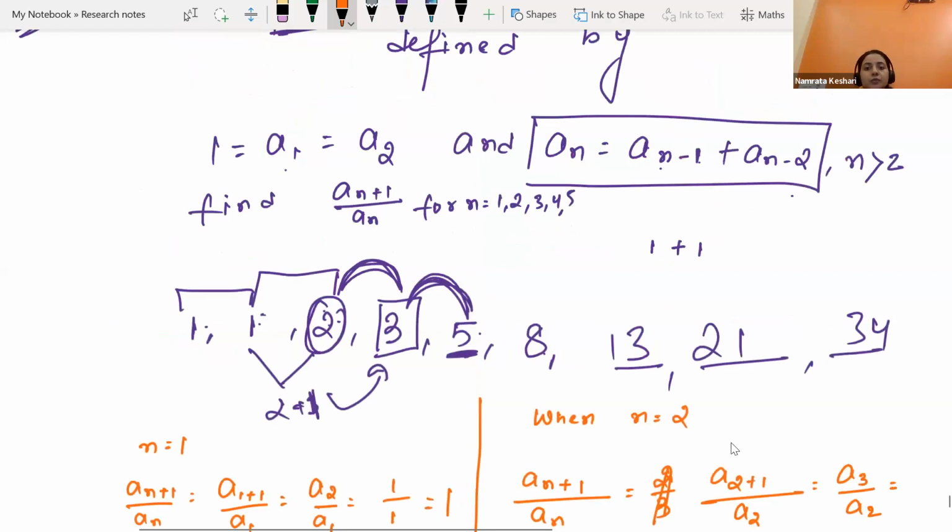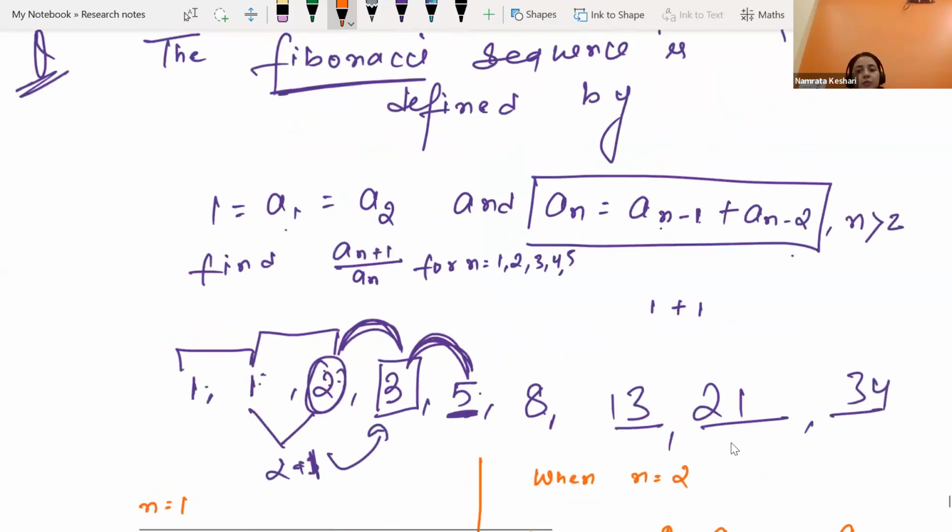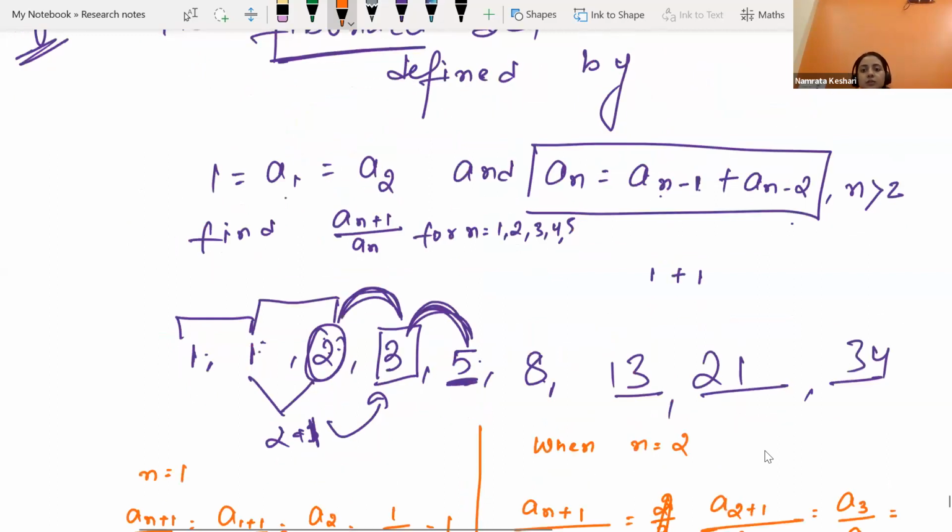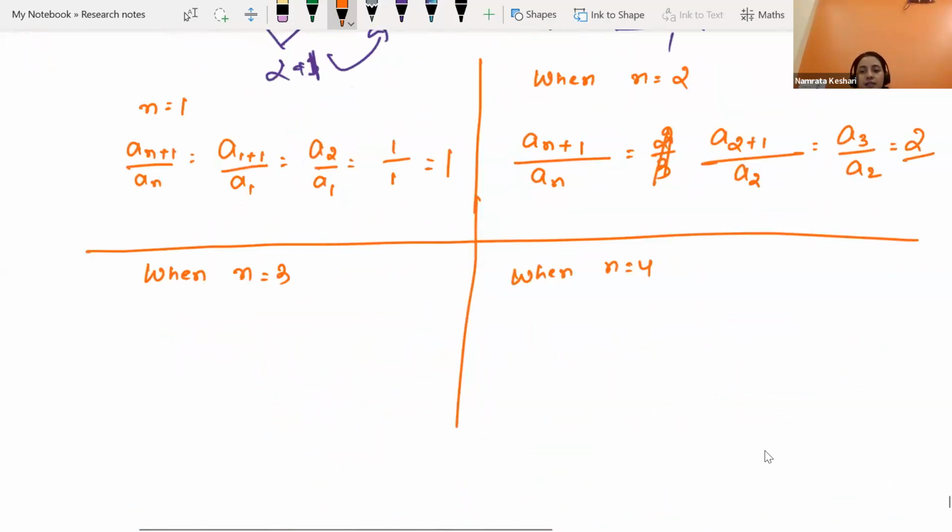To see by the formula also, you will be getting the third term as 2 only. Okay. Third term is 2. But the second term was 1, right? Right, Ali? Yes, ma'am. Please find n equals 3 and 4 and 5 also.